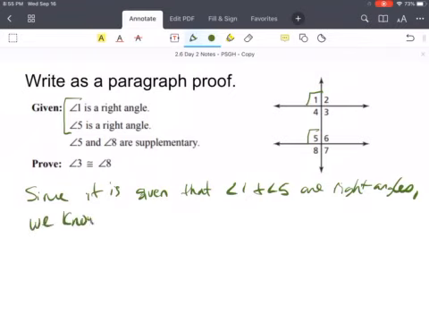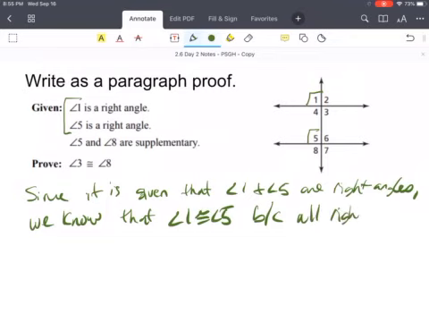We know that angle 1 is congruent to angle 5 because all right angles are congruent.